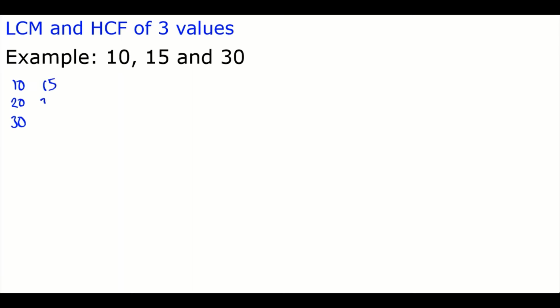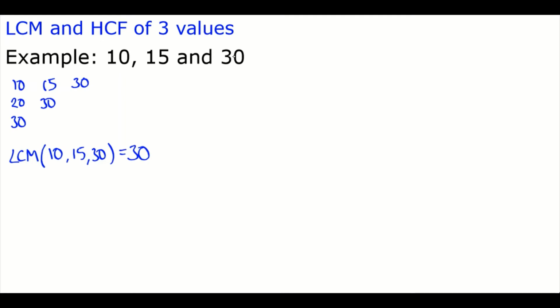Multiples of 15, we've got 15, 30, well, we've already got 30 there, so 30 is a multiple of all 3, and it's the smallest number which is a multiple of all 3. So the lowest common multiple of 10, 15 and 30 is 30.